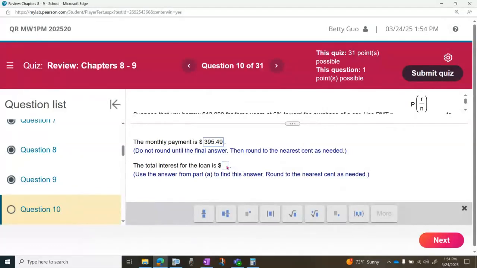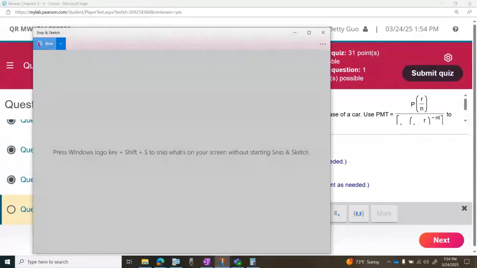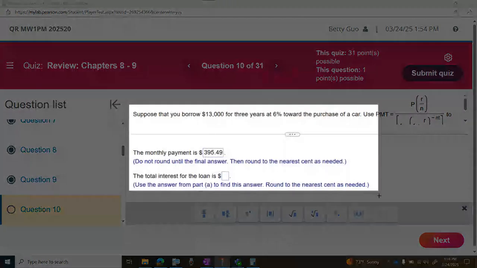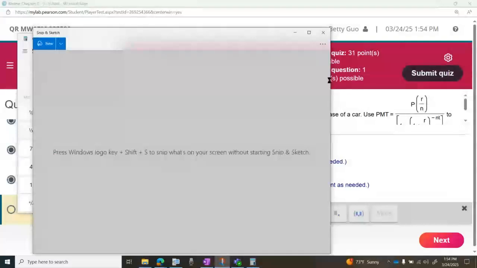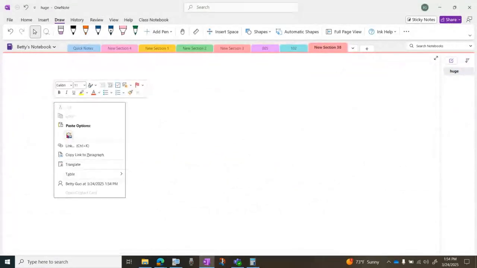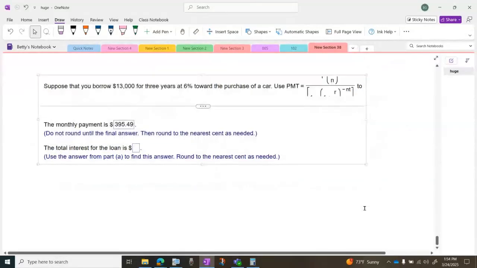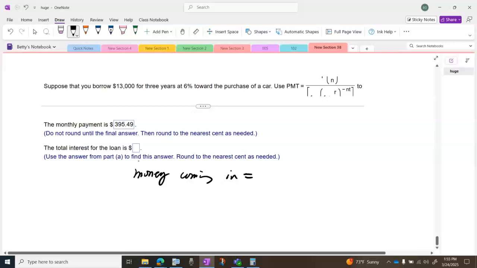Okay. Part B, total interest. What's the cost of the loan, right? Let's do some work on scratch paper. Write this down. Money coming in is the loan, so coming in first, right?